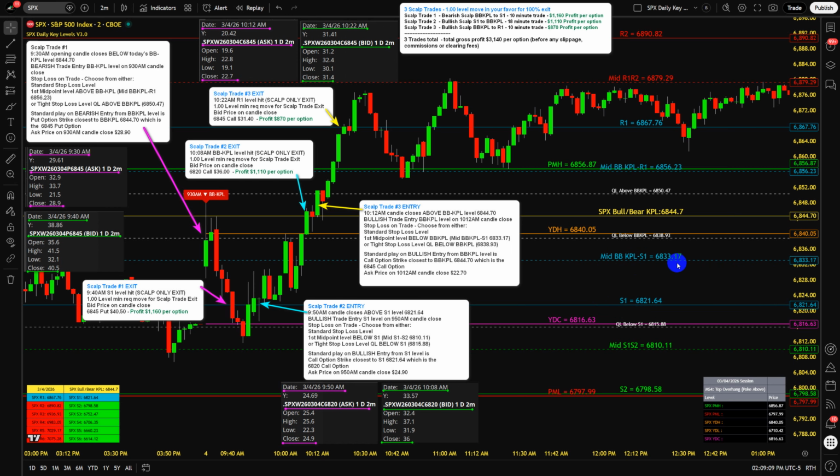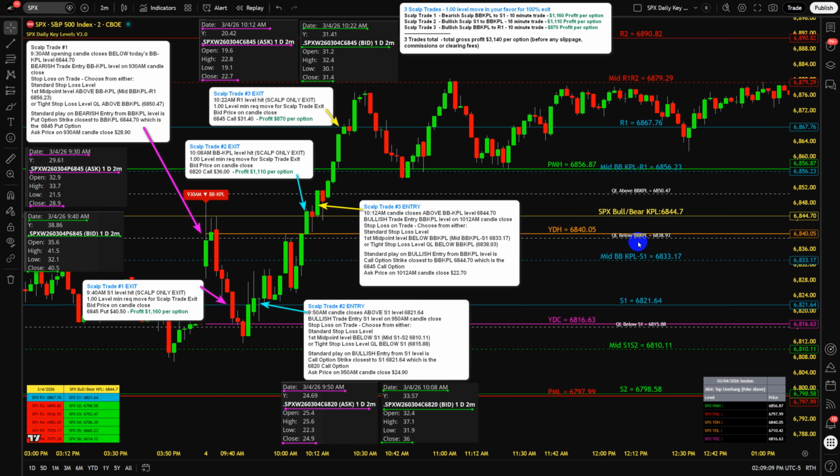In this case, 68.3317 is this level here. And so 68.35 would be your first out of the money option to consider. Your furthest out of the money option to consider on this bullish trade from S1 would be one full level above. That's the bull bear KPL level, 68.4470. So that would be a 68.45 call option on this trade.